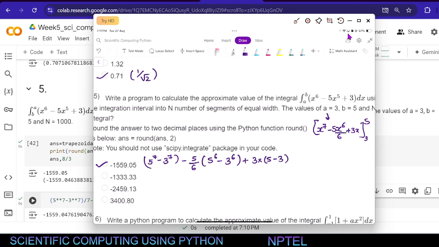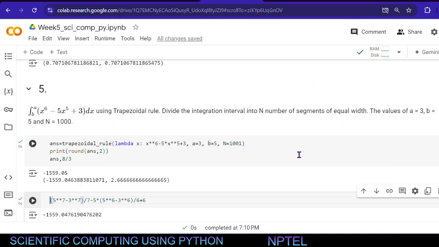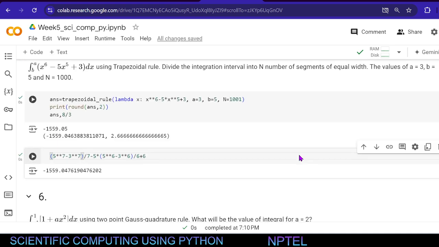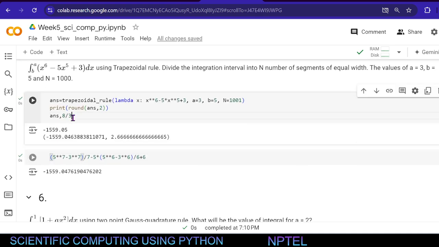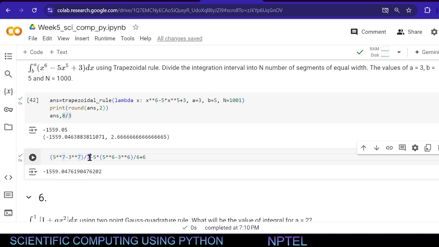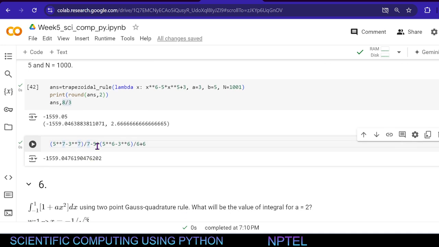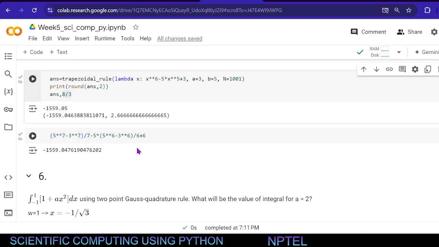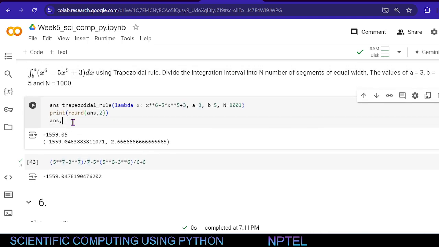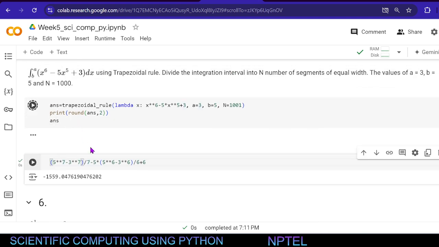Yeah. So as professor says, it's always a good idea to check whether our method works. So that's what I have done. Oh, there was a 7 downstairs. So this is the analytical answer. Yeah, and it's pretty similar to what we got. Okay, so it's working. This 8 by 3 is not needed.